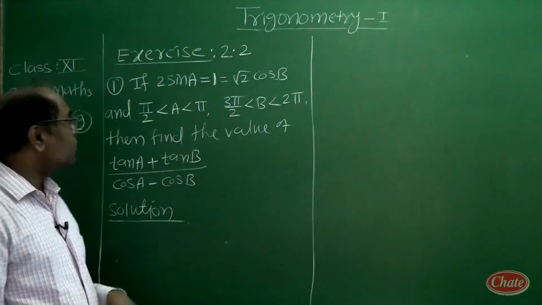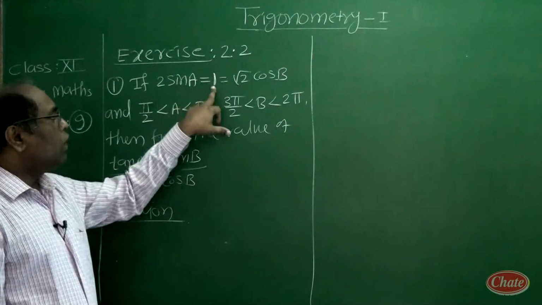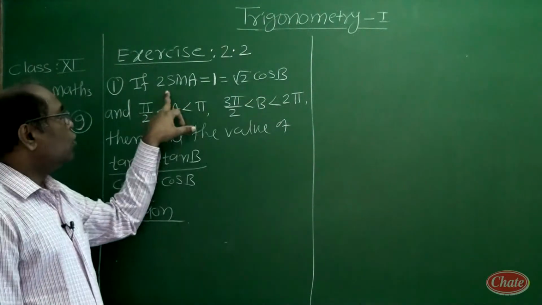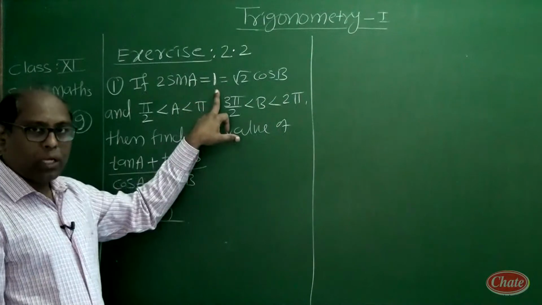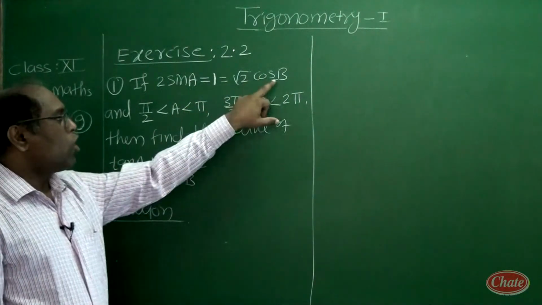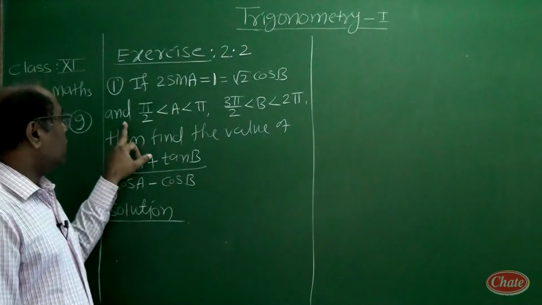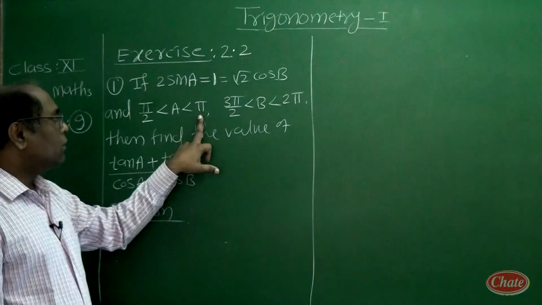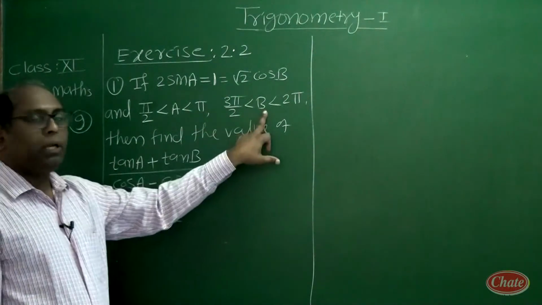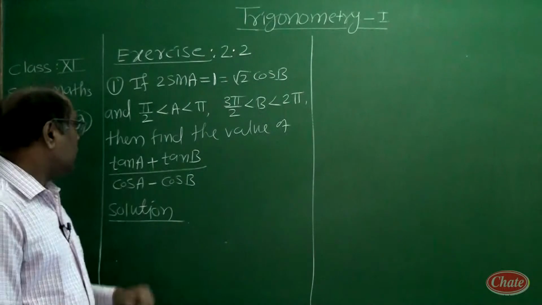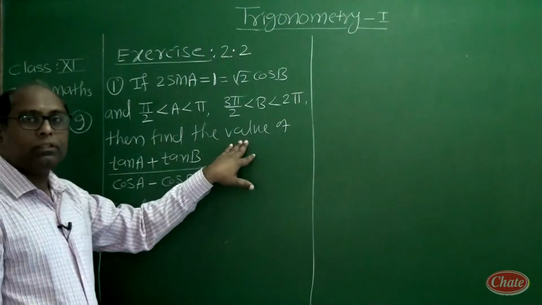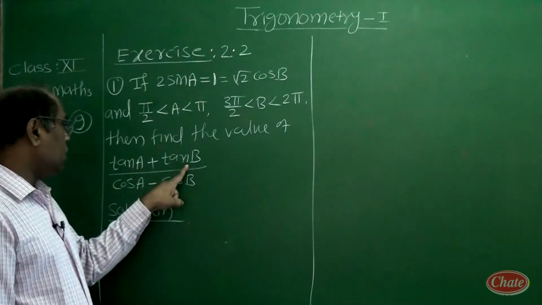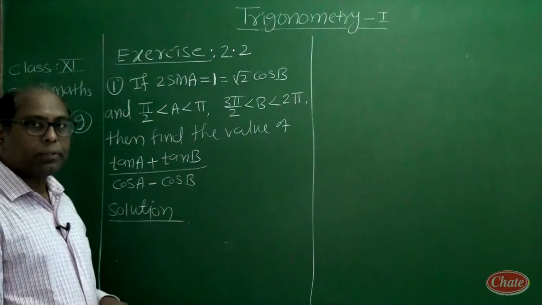The first question is: if 2 sin A is equal to 1, that is equal to root 2 cos B, and pi by 2 is less than A is less than pi, and 3 pi by 2 is less than B is less than 2 pi, then find the value of (tan A plus tan B) upon (cos A minus cos B).